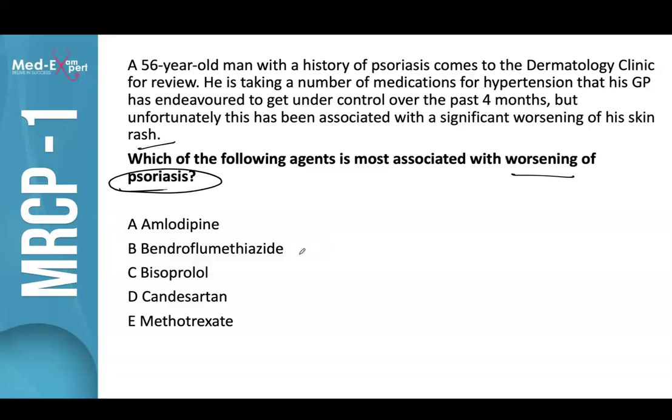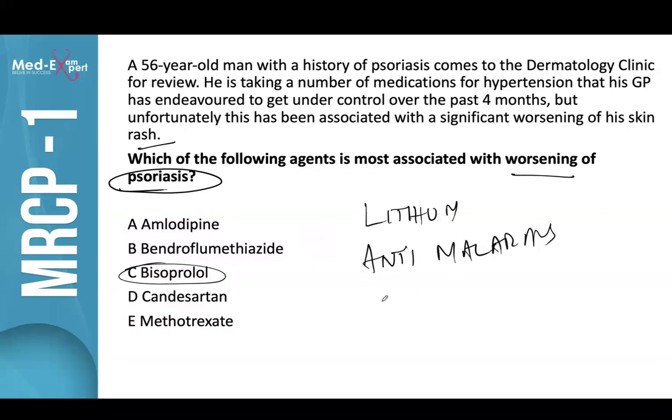There's a huge list. Okay, here you know beta blockers can worsen it. Along with that, you should also know lithium can worsen psoriasis. Antimalarials can worsen psoriasis. NSAIDs can worsen psoriasis. All the drugs that can induce psoriasis, everything you should know. Lots of drugs.